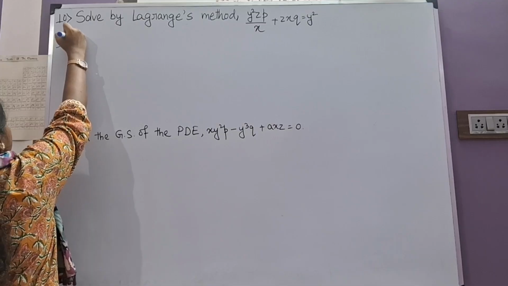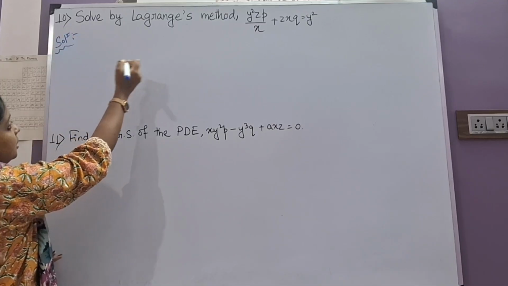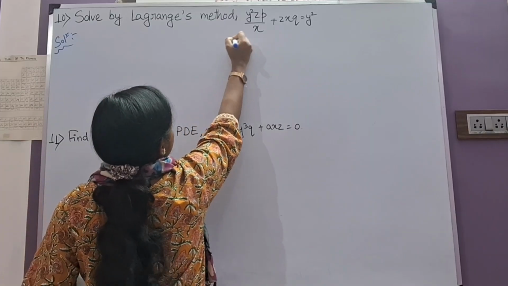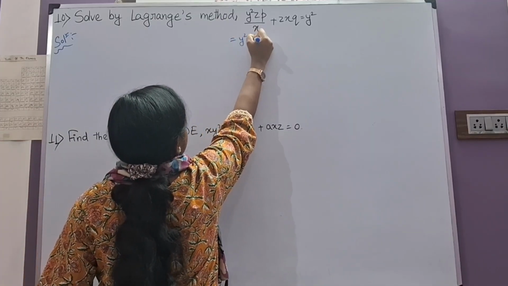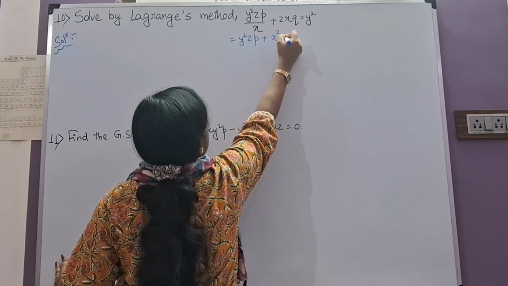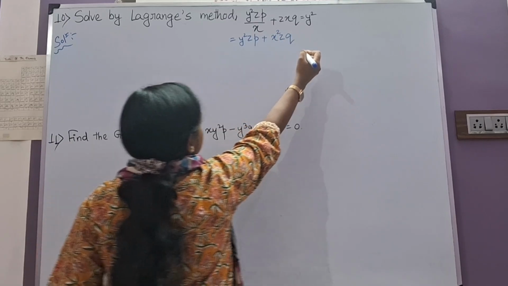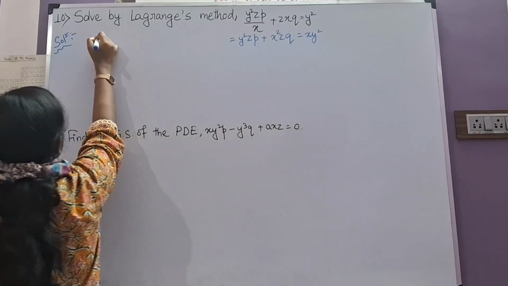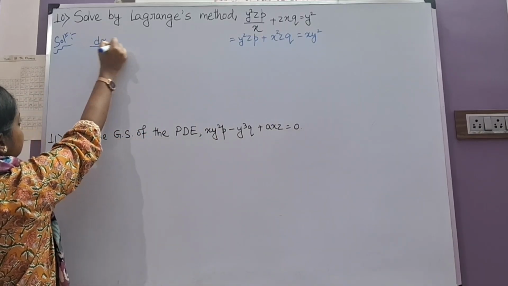Now we are going to solve this numerical. So here this is equal to actually y squared z into p plus x squared z into q equal to x y square. So what will be the Lagrange's subsidiary equation?